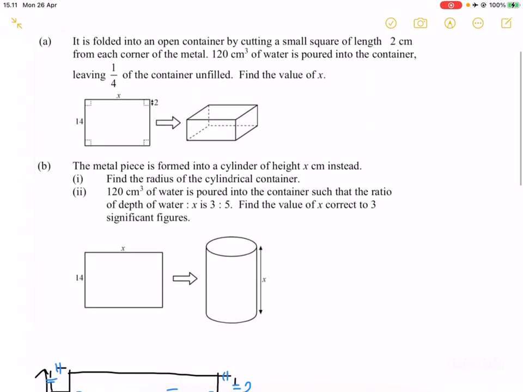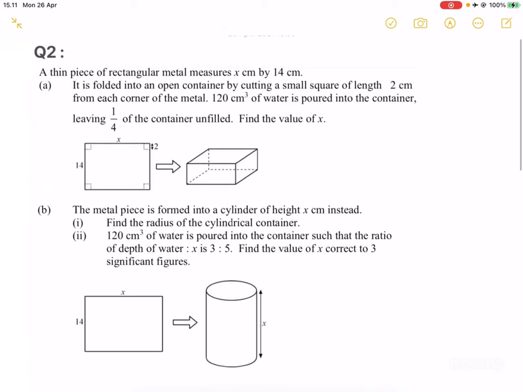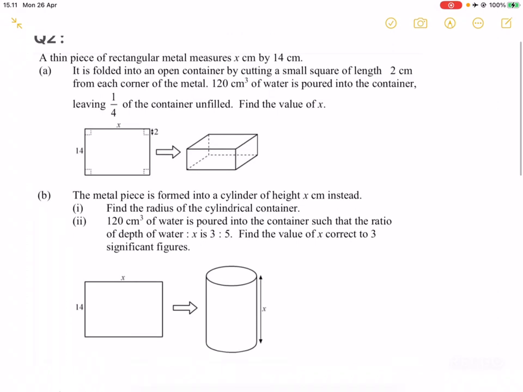And for part B, the metal is formed into a cylinder of height x centimeters instead. So the x value from part A does not depend on the x value in part B. So this is, I would say, a different metal piece, but with a different x value in this case.